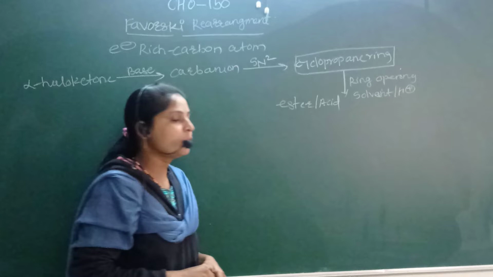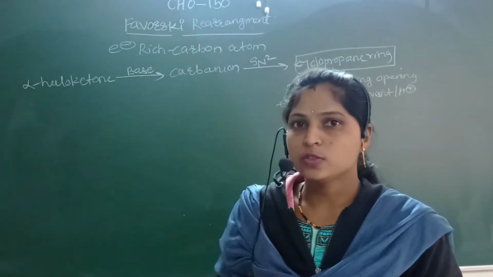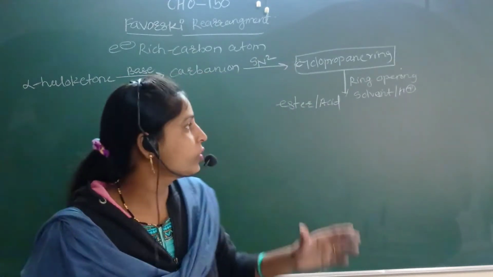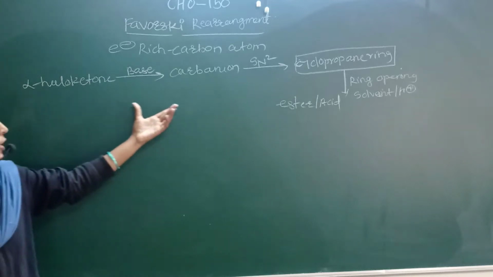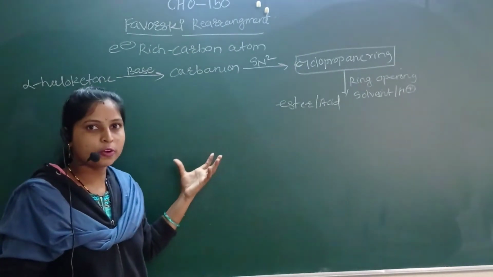Then ring opening takes place and we get the final product, that is the ester or acid. So the ester or acid depends on the nature of the base. So this is the outline related to the Favorski rearrangement. So you know the idea of what the Favorski rearrangement is.